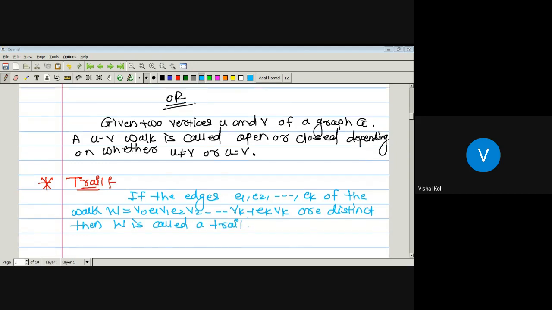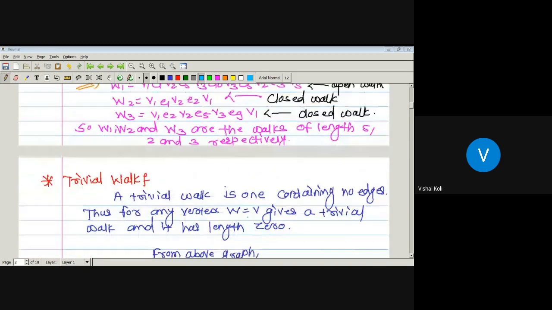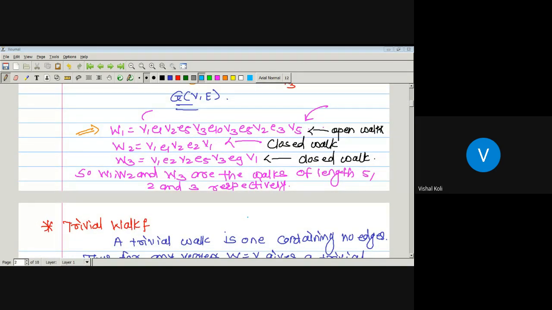Okay. Now, from these examples, tell me whether walk W1 is a trail or not. No, sir. Why is this W1 not a trail?